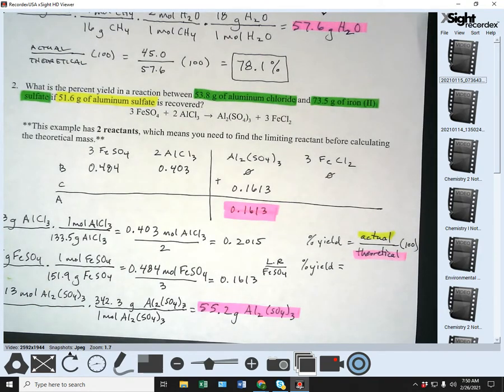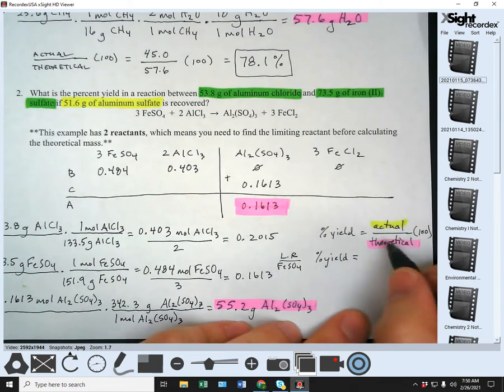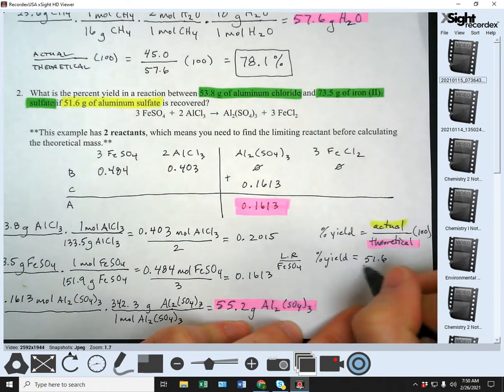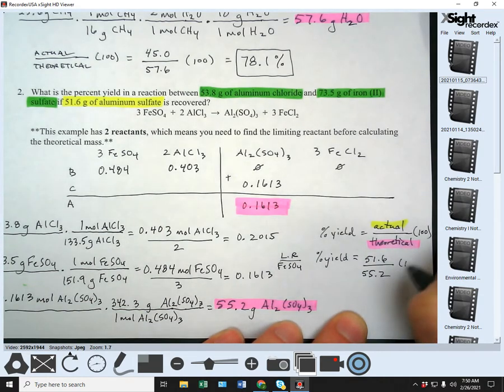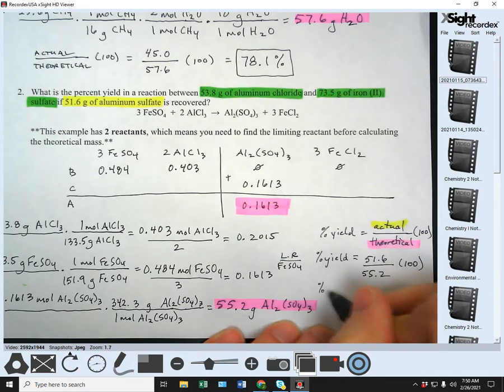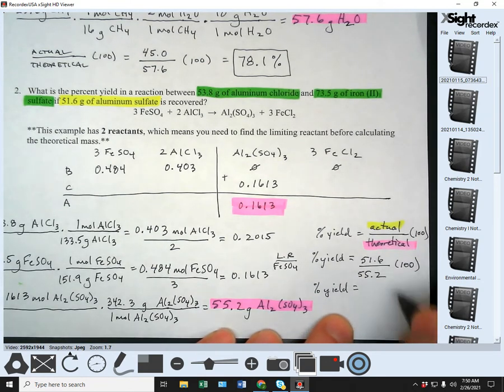So we've got the actual from up here, so it's the 51.6 over the theoretical that we figured out, 55.2 times 100 gives us a percent yield of 93.5%. That's our answer.